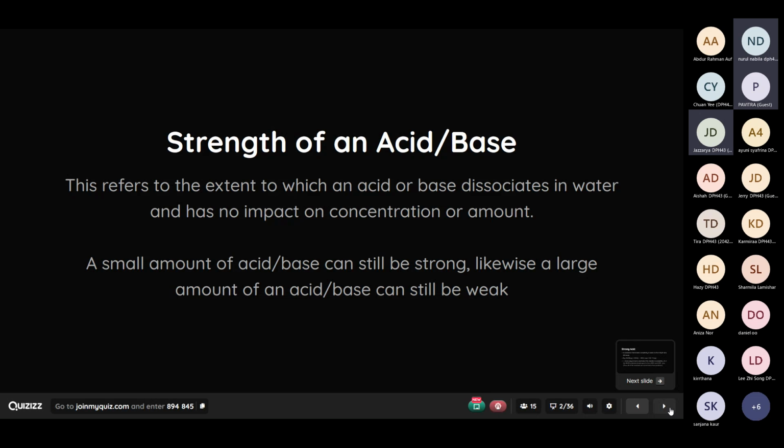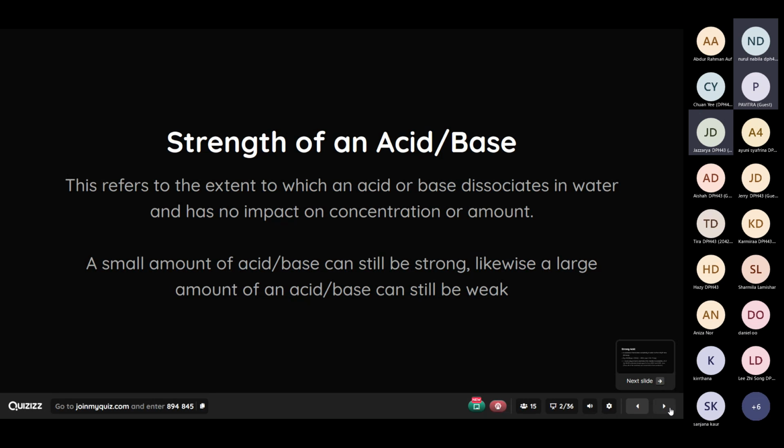In this slide, I say that strength of acid and base refers to the extent to which an acid or base dissociates in water and has no impact on the concentration or amount of the solution. We look at the ability of a substance to produce ions in solution. We don't look at its concentration, but at its ability to produce ions.